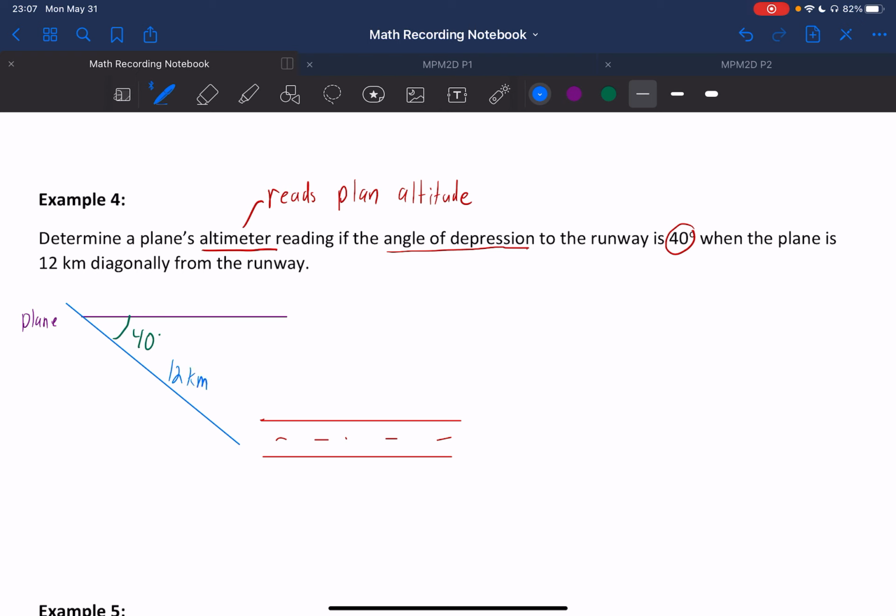We can also see that there is technically a second triangle, which is how far the plane is off the ground. And that triangle comes right about here, down to the ground. And that part has an angle of 50 degrees.